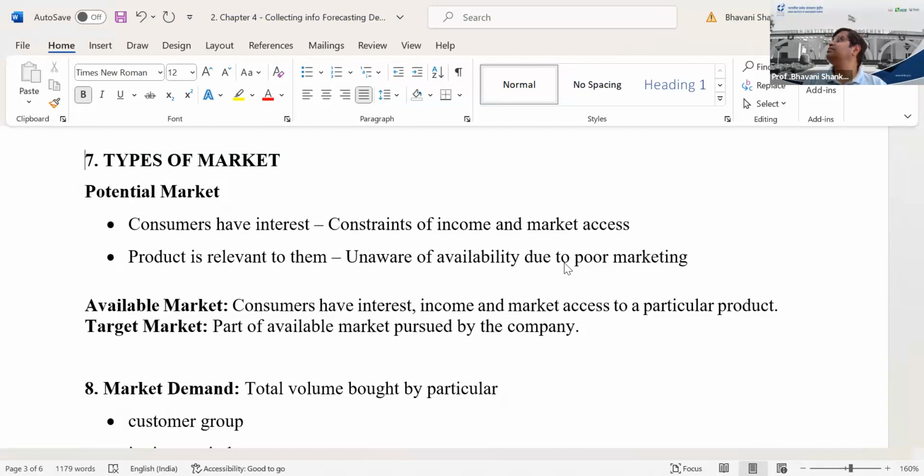Like, say, the consumers of water purifiers. Every consumer currently is interested in having purified water for themselves, and they are interested in protecting their children from diarrhea.